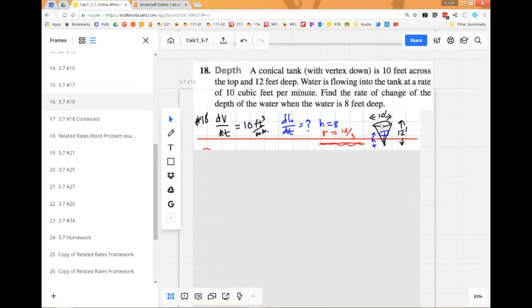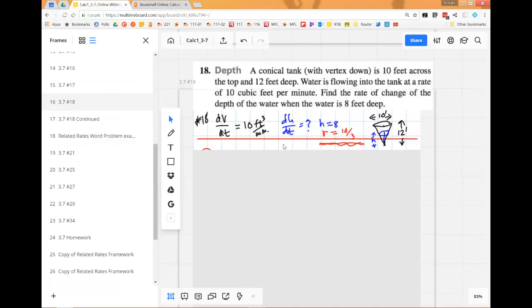So 10 feet across, that's another way of saying the diameter of the circle on the cone is 10 feet. And the tank is 12 feet deep, so that's the height of the cone. The water is flowing into the tank at the rate of 10 cubic feet per minute.